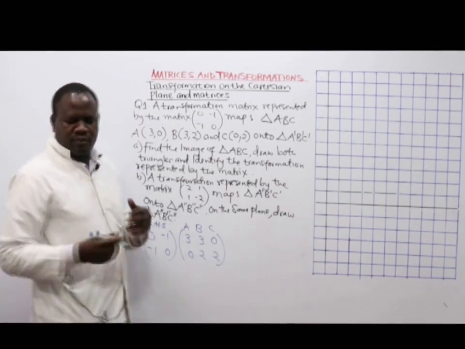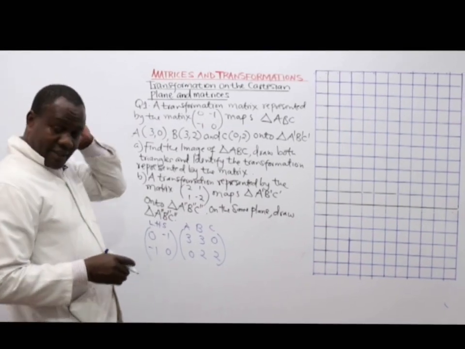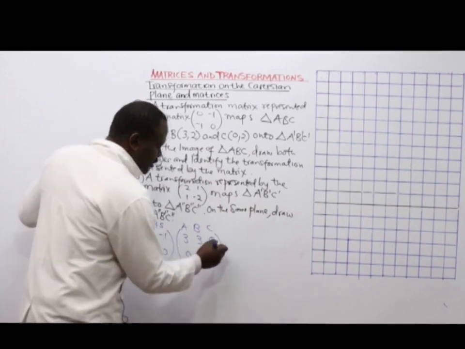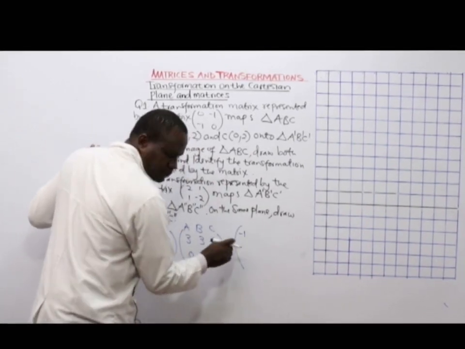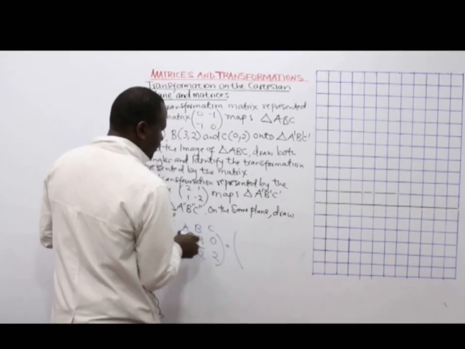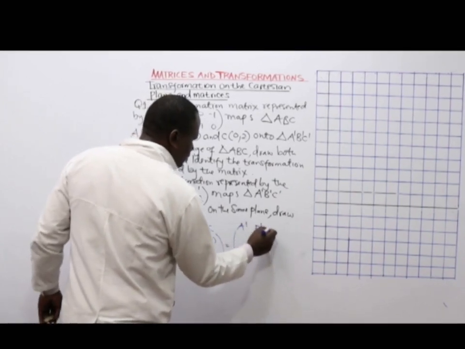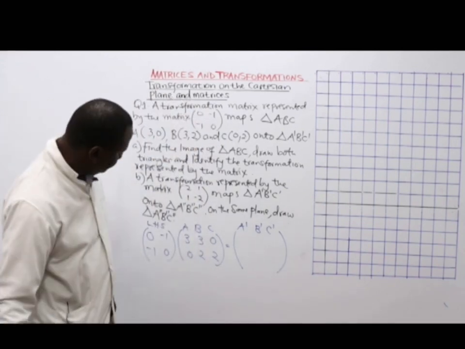Now, since most of the matrices have zeros and some ones, it is very easy to multiply using the shortcut method. So how do we do that?